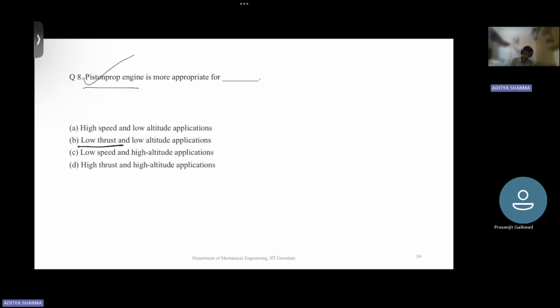So out of this, the piston props are used for your low altitudes, right? And then for low thrust. Okay. So B is the correct answer to this question. Then move on to the next question.